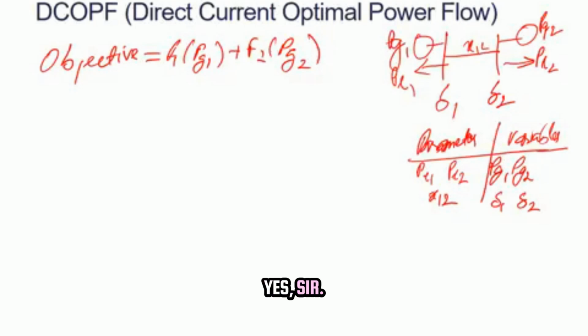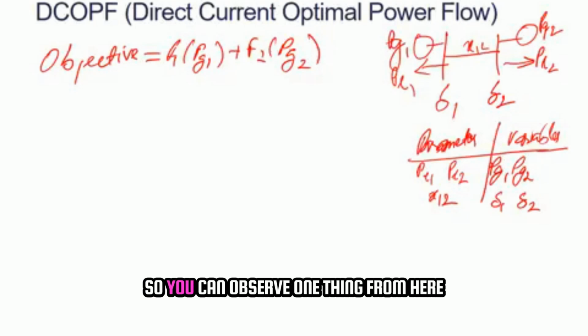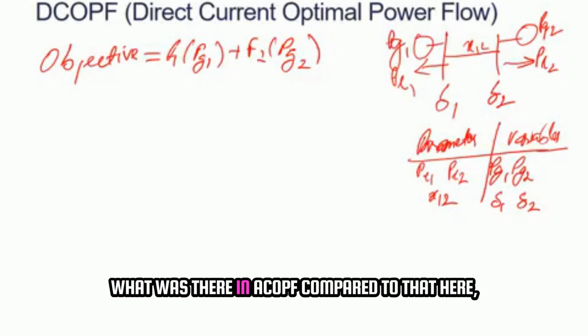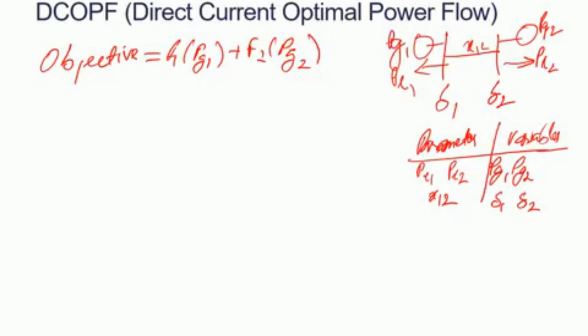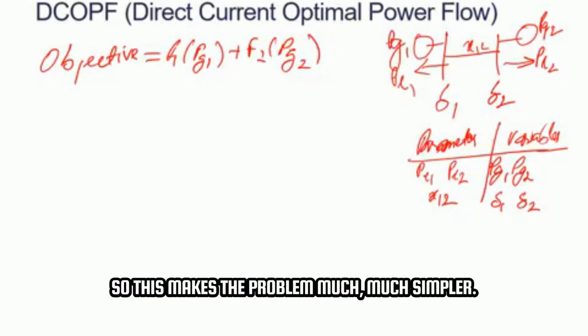Yes, sir. You can observe from here that compared to the number of variables in ACOPF, here the variables have reduced drastically, and there are now just 4 variables for the 2-bus system. So this makes the problem much simpler.